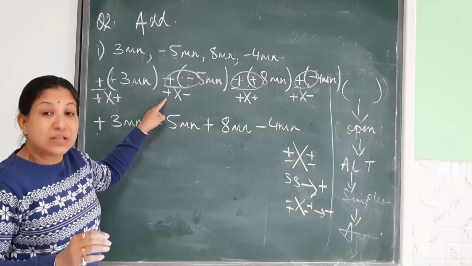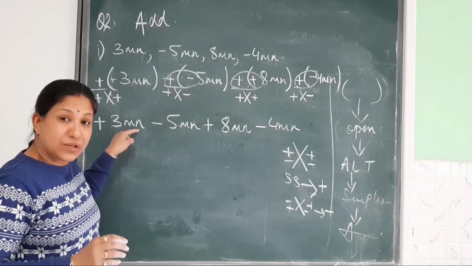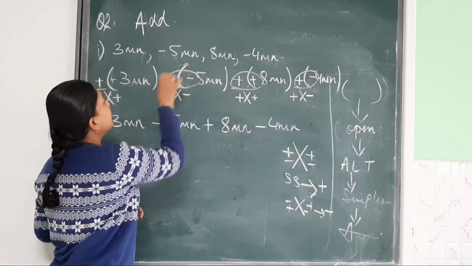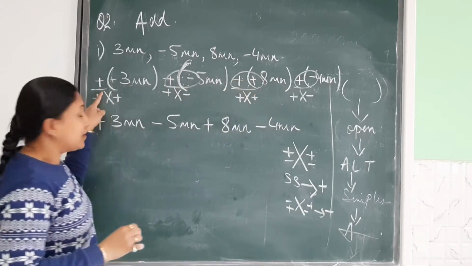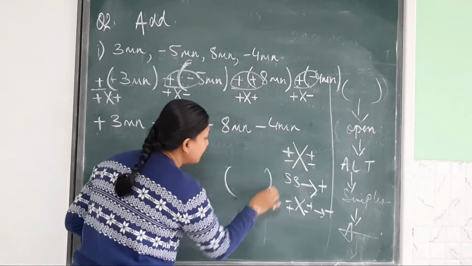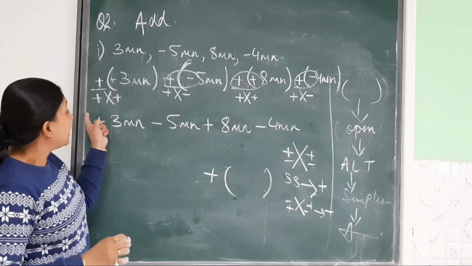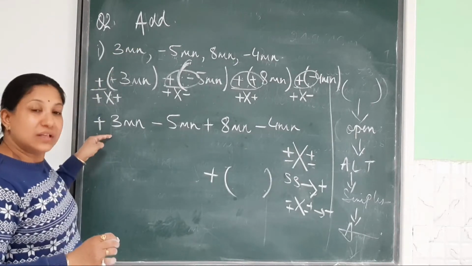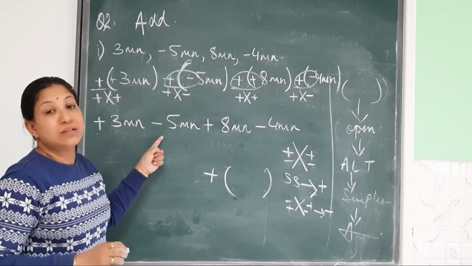Can you tell me the reason why it is exactly the same as the above question? It is because before each bracket you have a plus sign. So I gave you the shortcut that if outside the bracket you have a plus sign, there will be no change. See children, it is plus 3mn, this is also plus 3mn, minus 5mn, minus 5mn.